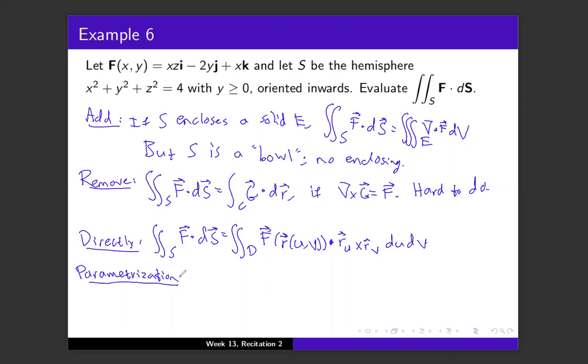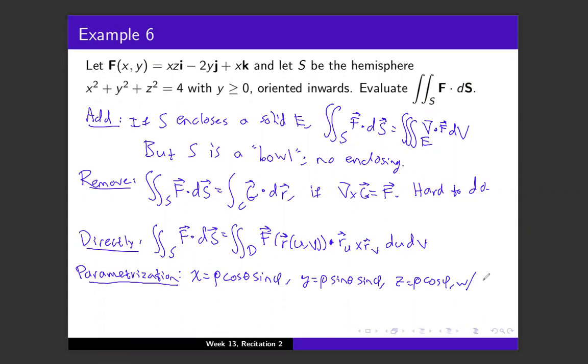Now for a sphere, that's fairly straightforward with spherical coordinates. We can say x is going to be rho cosine theta sine phi. y is rho sine theta sine phi. And z is rho cosine phi.